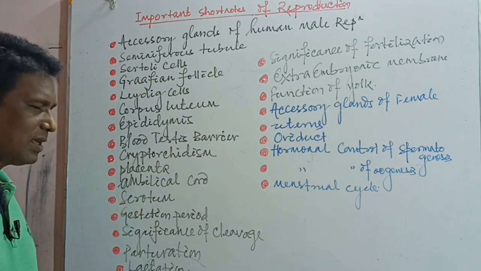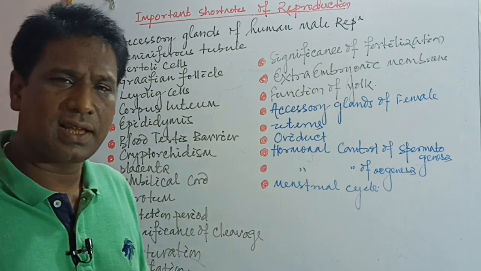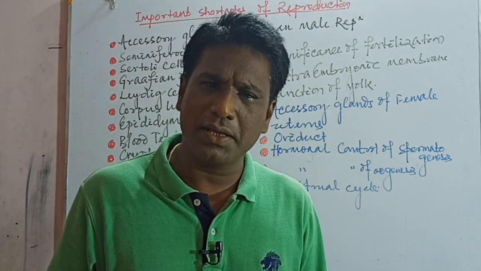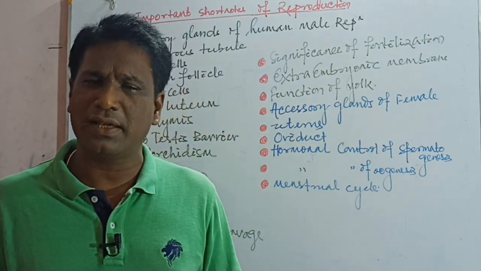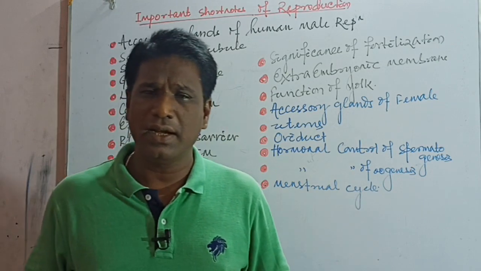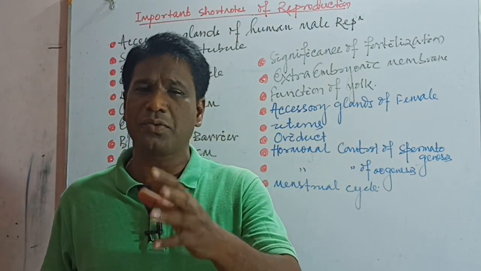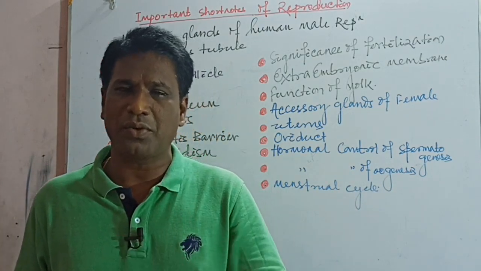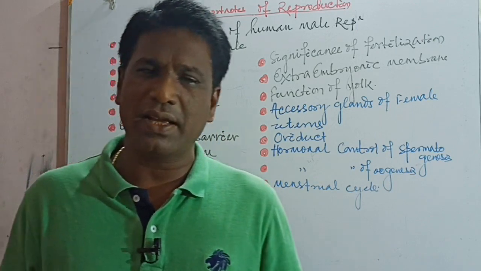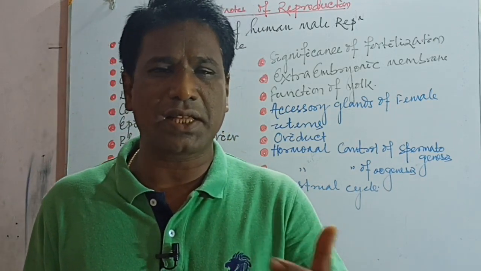Scrotum. The scrotum is a large sac-like structure that arises from the lower abdominal cavity and lies in between the two legs. Internally it is divided into two scrotal sacs by the septum scroti. The external demarcation of the septum scroti is called the raphe.